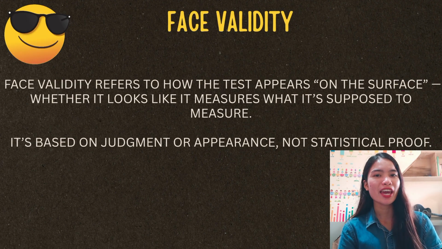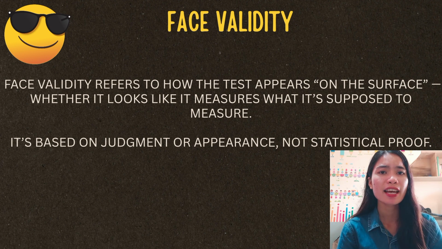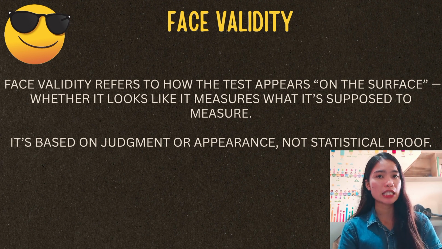And last is the face validity. This type of validity refers to how a test appears to measure what it intends to measure. It is based on judgment of how students, teachers, or other people perceive the test. Even if it's not measured statistically, it affects test acceptance and motivation. In other words, face validity is about appearance, whether the test looks valid and reasonable to those taking or reviewing it.